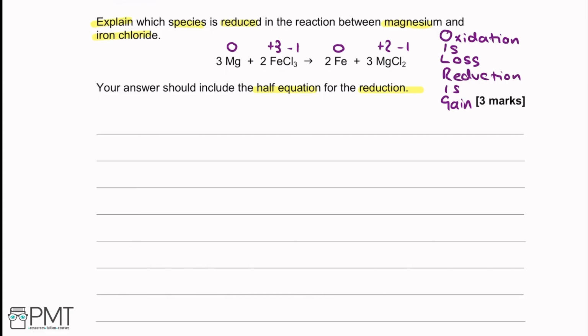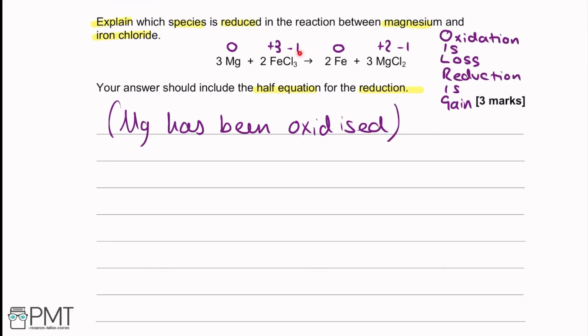So let's think about, first of all, which species has lost electrons? Well, that's going to be magnesium. It's gone from 0 to +2. So as a bit of an aside, we can write magnesium has been oxidized. This isn't part of the answer, by the way. This is just some extra information.